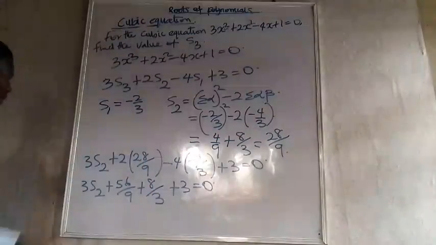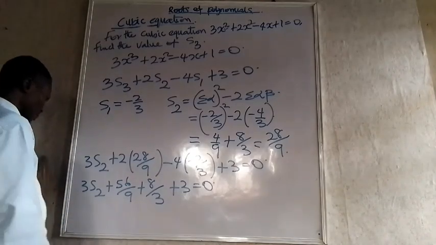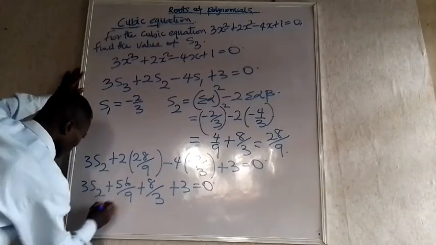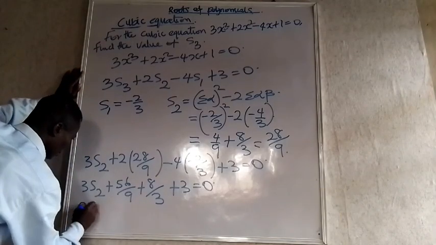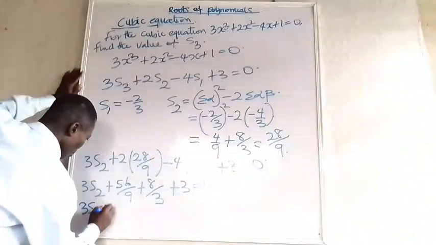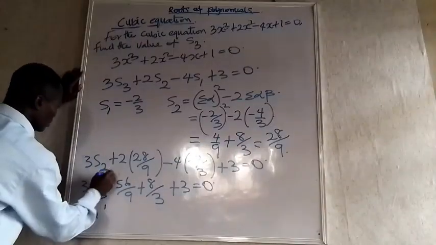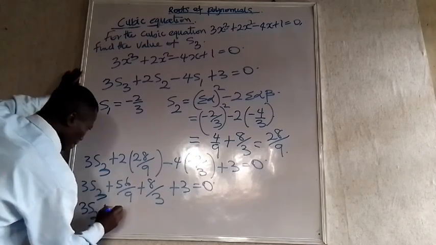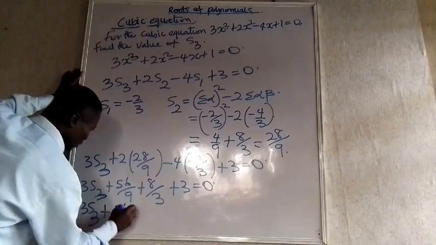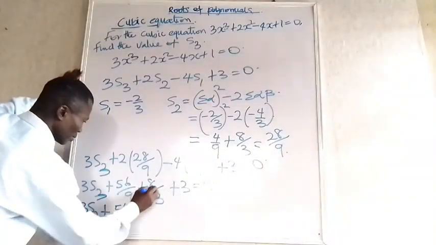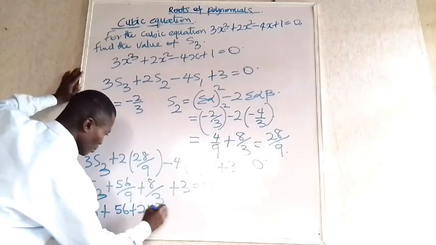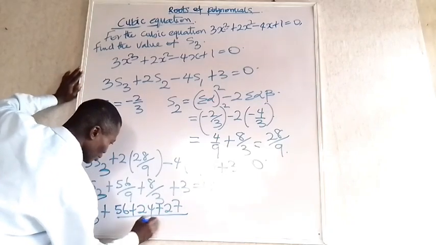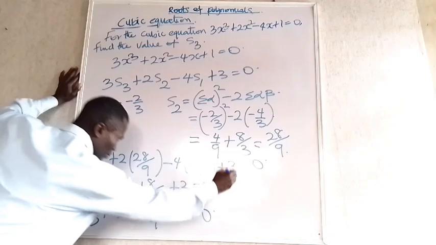So let me continue with this. So I have 3s3, sorry, 3s3 plus 56 plus 24 plus 27 over 9 equals 0.